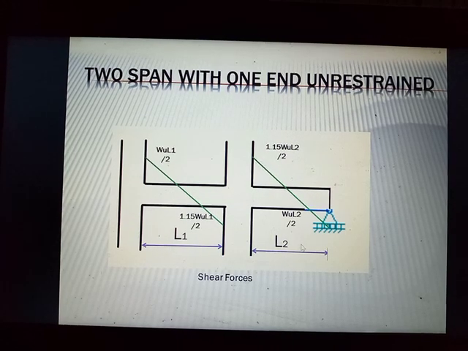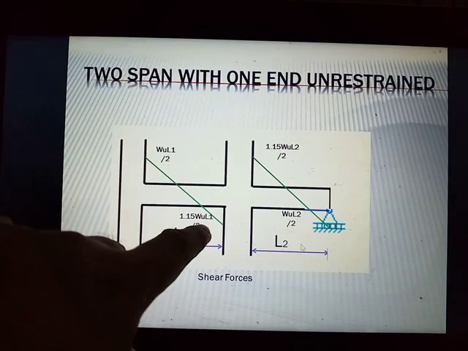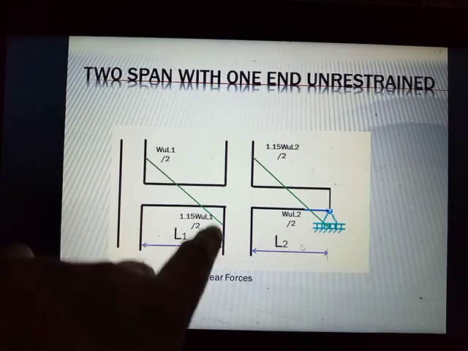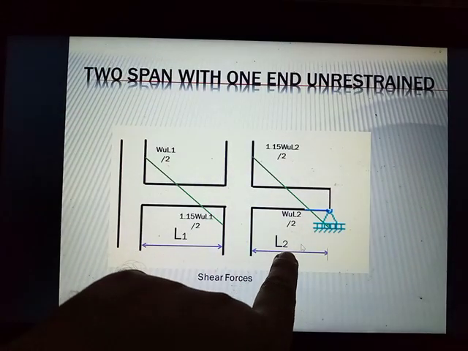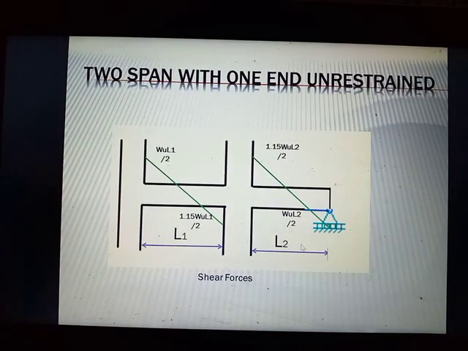Since this is the length of your beam, L1, you use L1 to compute the shears on both of these. And then since this is L2, you use this directly in order to compute the positive and negative shear forces on this one. Okay? So that is how it is.